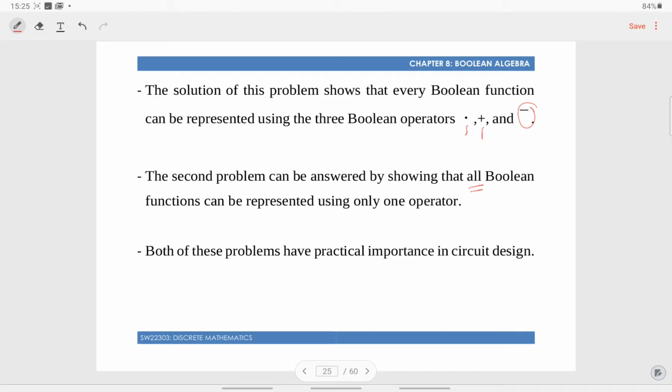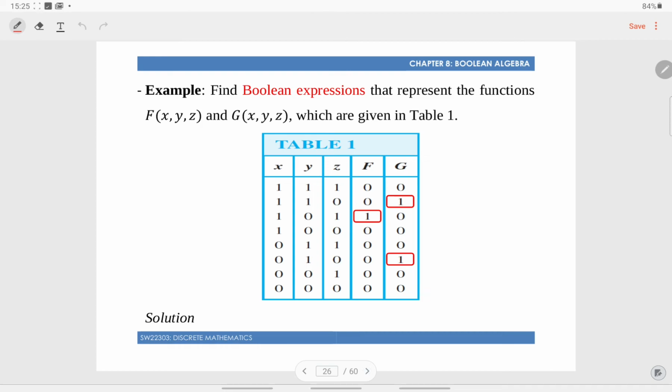Previously, we used three operators. Both of these problems have practical importance in circuit design. That's why it is important.